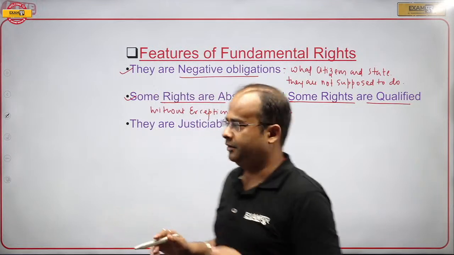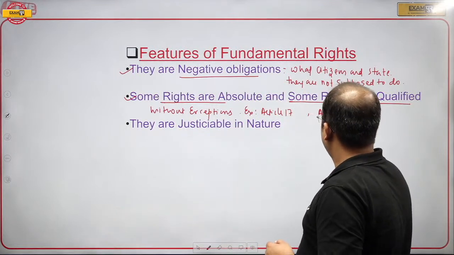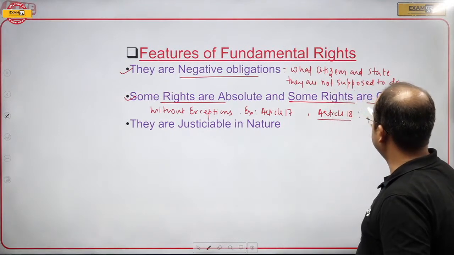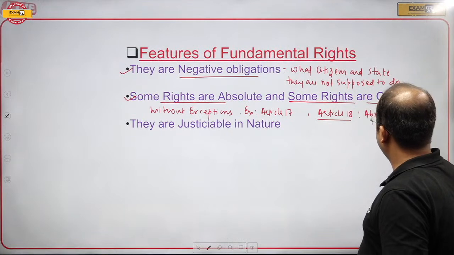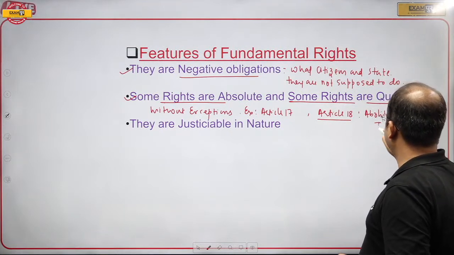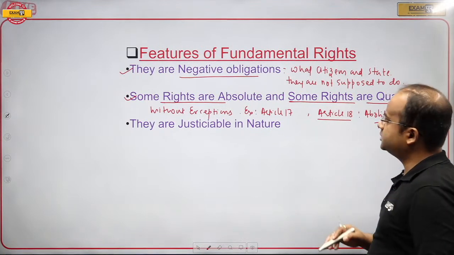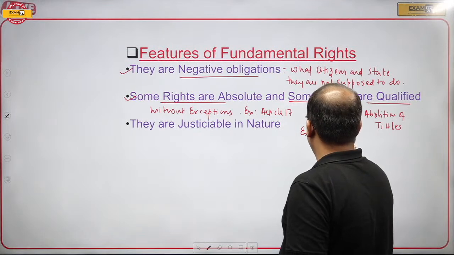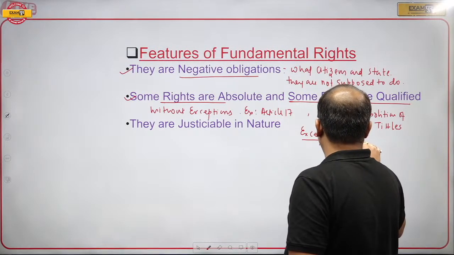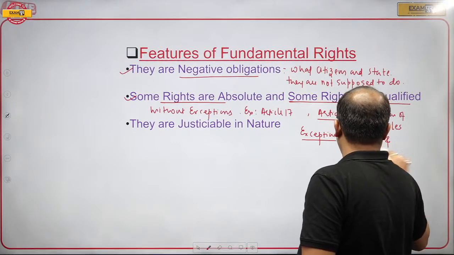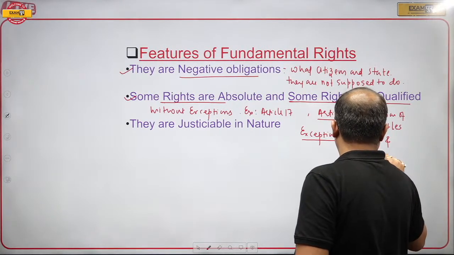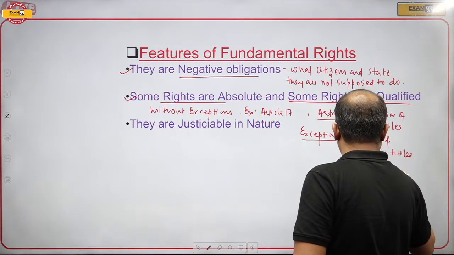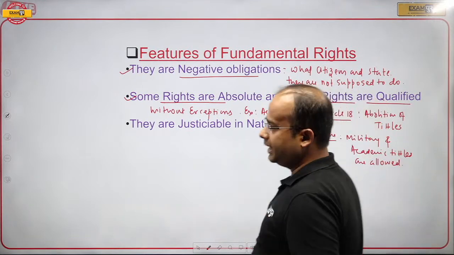Whereas Article 18 is a qualified right that discusses the abolition of titles, and it exists with exceptions: military and academic titles are allowed.